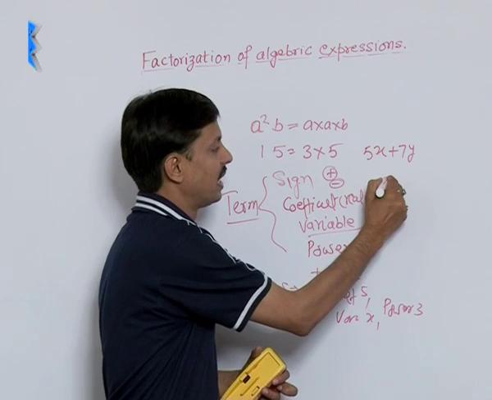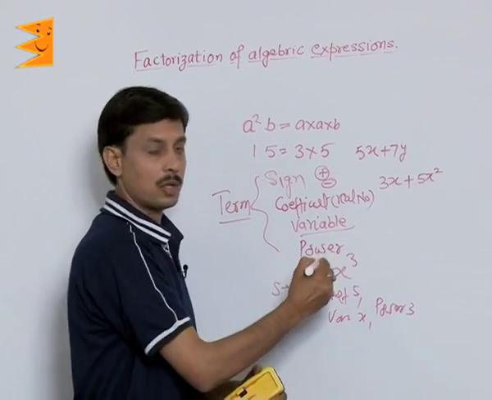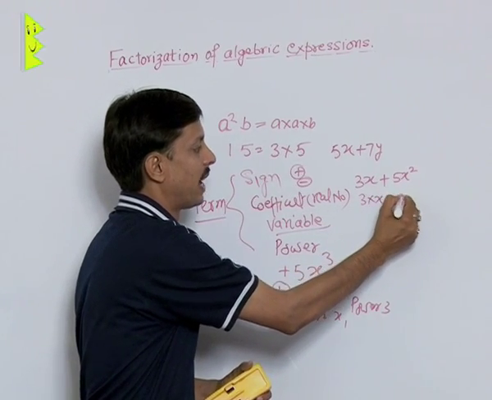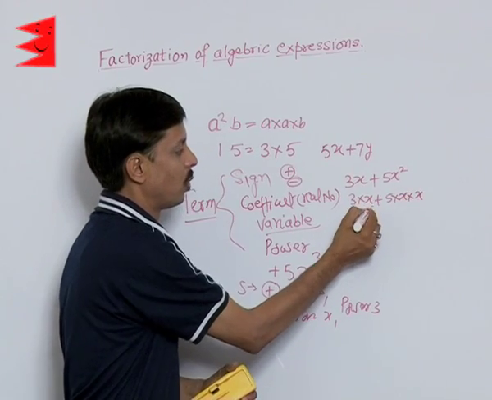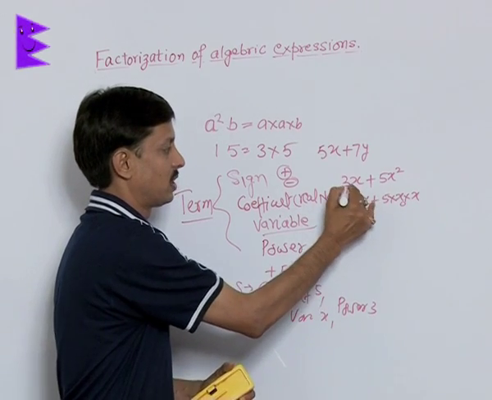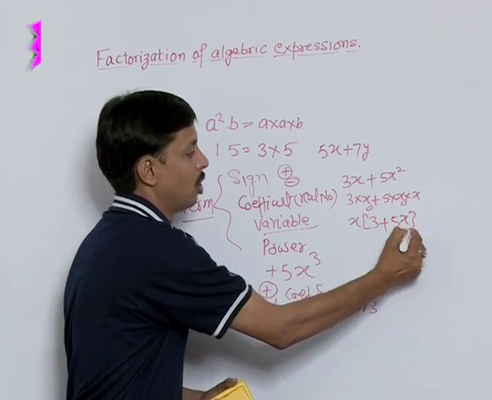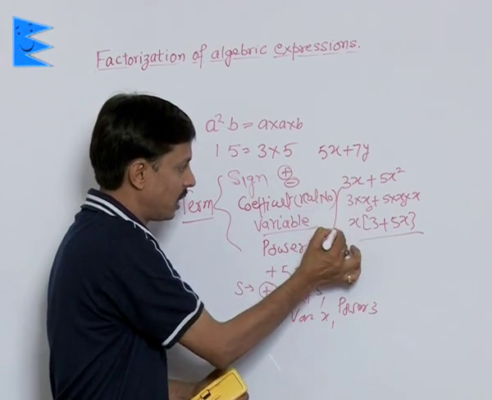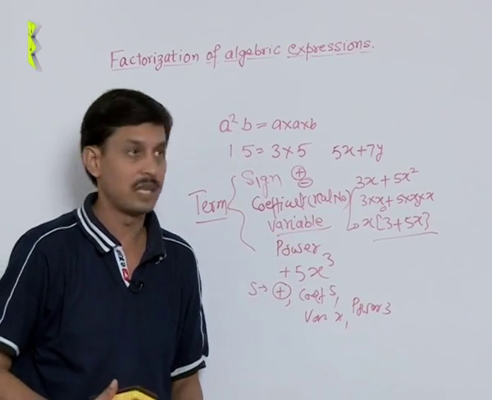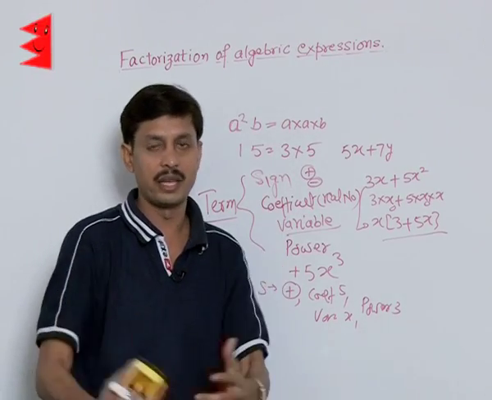When I write an algebraic expression like 3x plus 5x square, I observe that here it is 3 into x, and there it is 5 into x into x. So x is common in both terms. So this algebraic expression 3x plus 5x square can be written as x into (3 plus 5x). So it is decomposed in this form. This decomposition of algebraic expressions is known as the factorization of algebraic expressions.